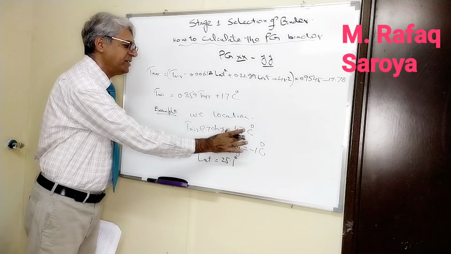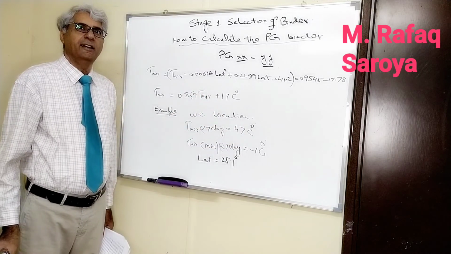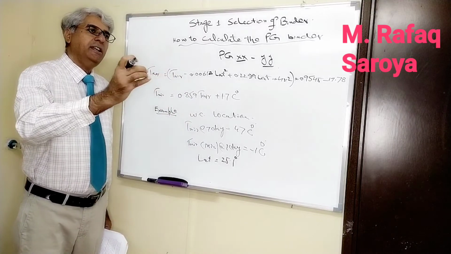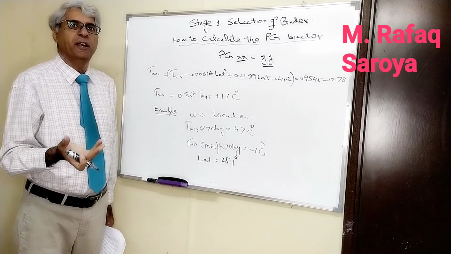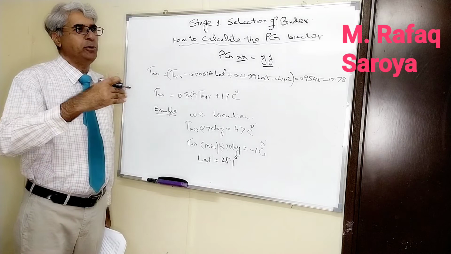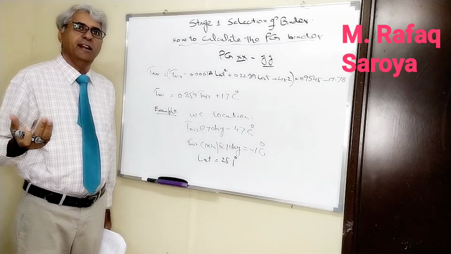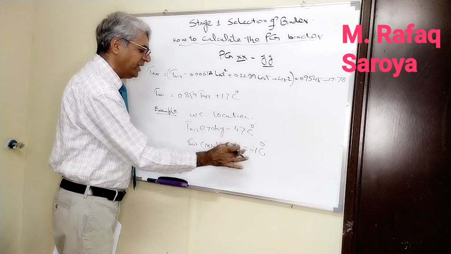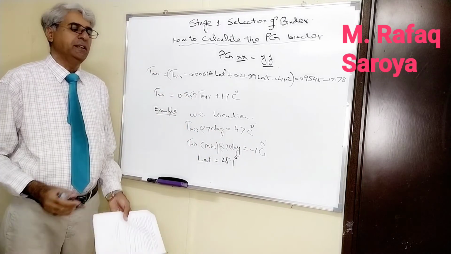What is the maximum temperature taken from? This data is always taken from the government department for a certain area, because they have collected 20 years, 30 years of data. So from this we have taken 47, -1, and this is the latitude.